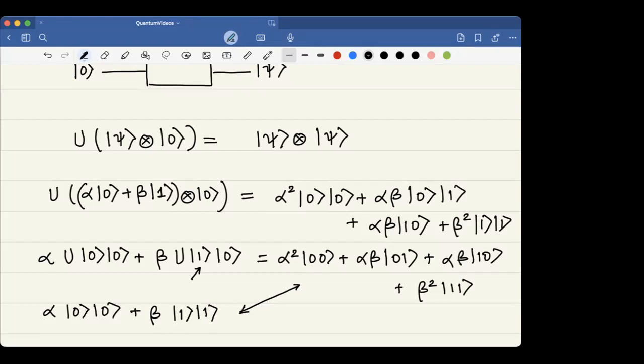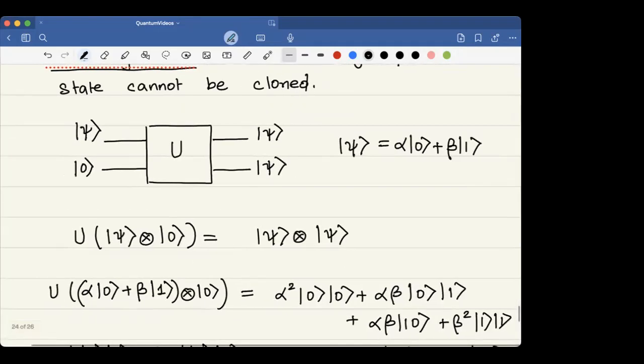This circuit is possible only for very specific states. For example, if alpha is 0 or beta is 0, then we may be able to clone it, but in general for an arbitrary quantum state, this circuit is not possible. So this circuit cannot be built.